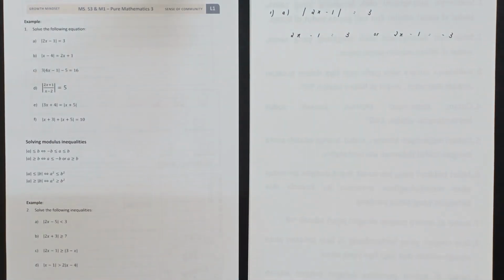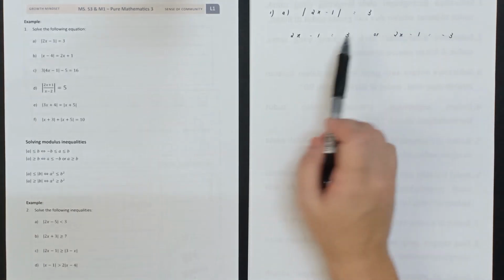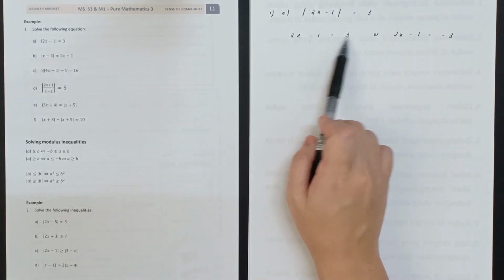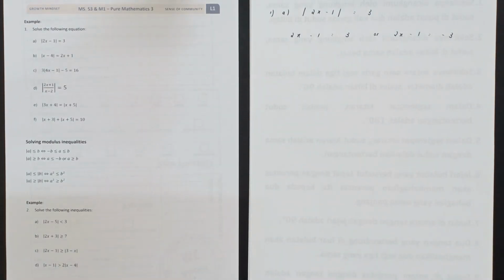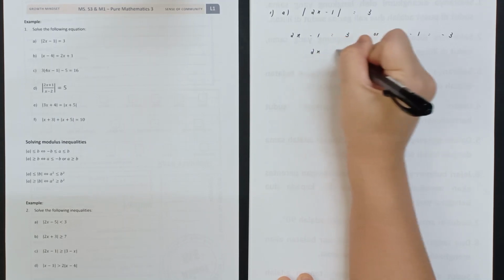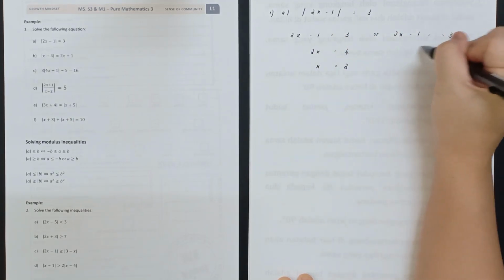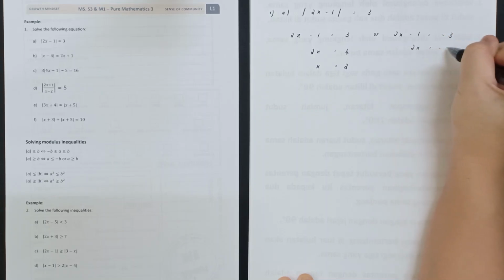But we go with the easier approach: figure out what inside the modulus can give me 3. Of course, either 2x minus 1 equals 3 or 2x minus 1 equals -3. Then we solve it. 2x equals 4, so x equals 2. 2x equals -2, so x equals -1.